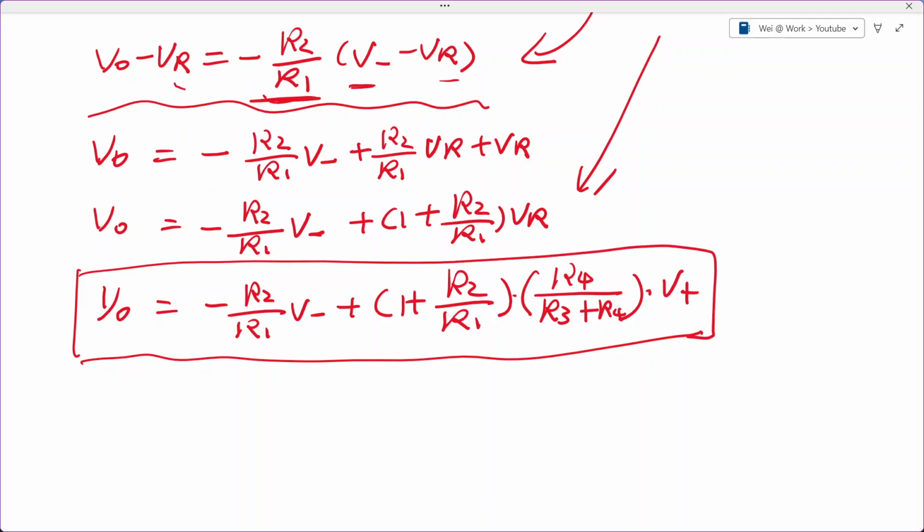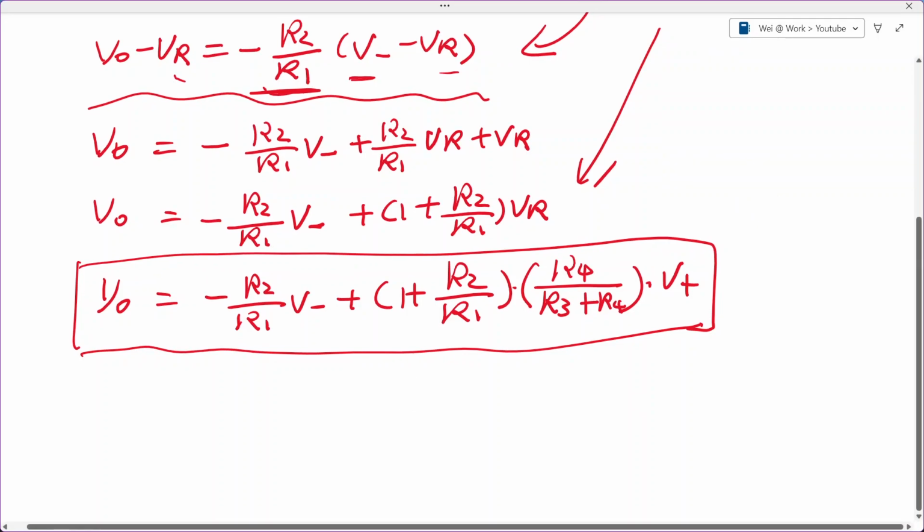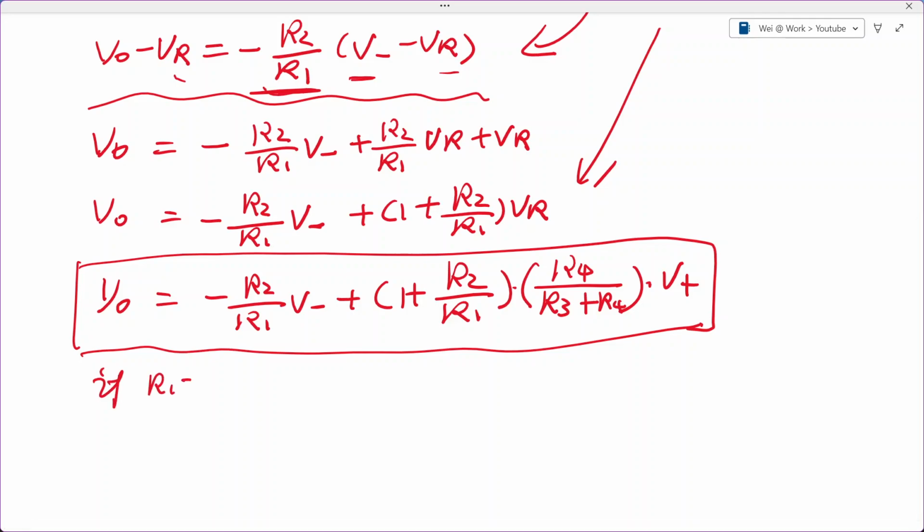This is the transfer function of the differential op-amp. It looks like a lot is going on here, but we can further simplify this. We have a special situation. What happens if R1 equals R2 equals R3 equals R4, they all equal R?